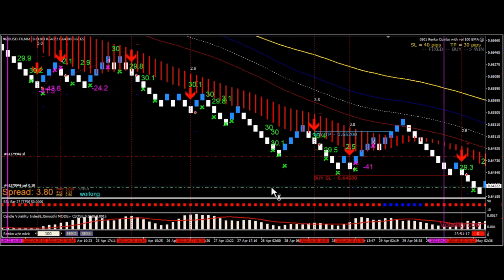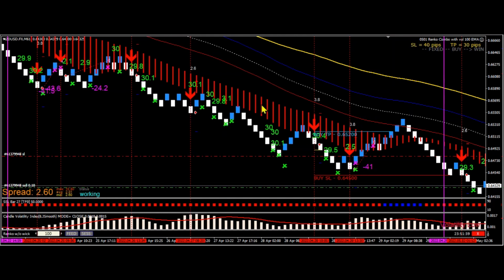I am still using the SSL, but I am using it at a higher setting. This time I'm using it at 27 instead of 14. And the other confirmation indicator I'm using is a MACD type indicator. It's called on-chart MACD.